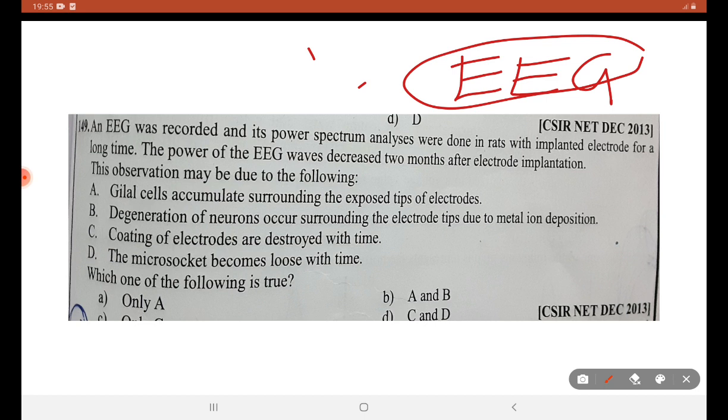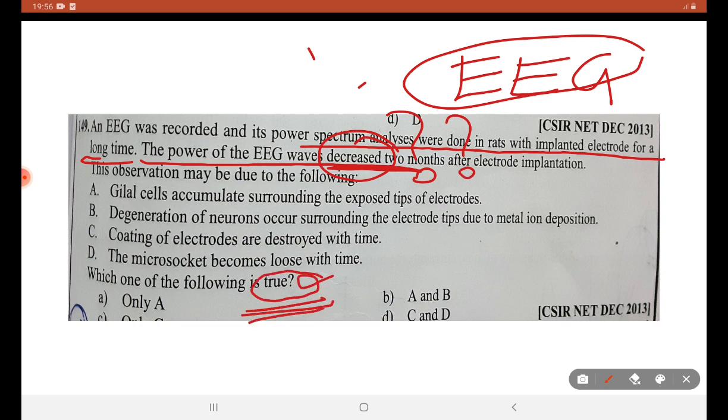This observation may be due to the following things. So initially we have seen recording and spectrum analysis in rats with the implanted electrode for a long time, and the power of EEG waves decreased. We are going to see why it is decreased. This is the meaning of this question. We are going to see.